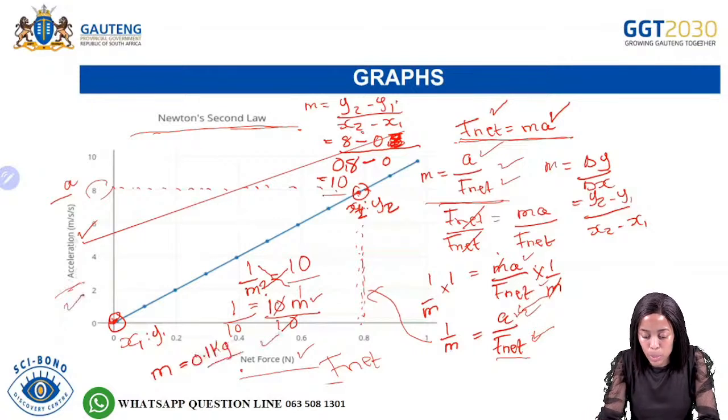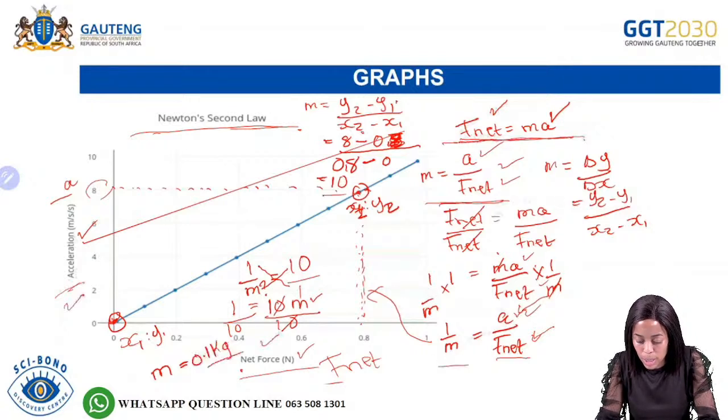We firstly manipulated Newton's second law formula, which is F net is equal to ma. We manipulated that to get the following, which is 1 over m, and on the right-hand side we had acceleration over the F net.